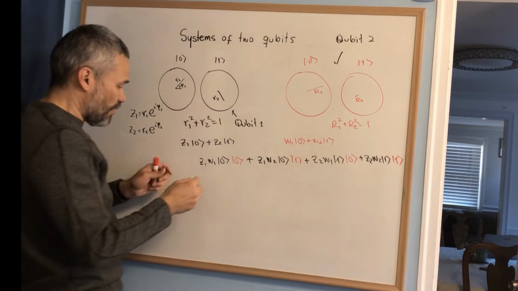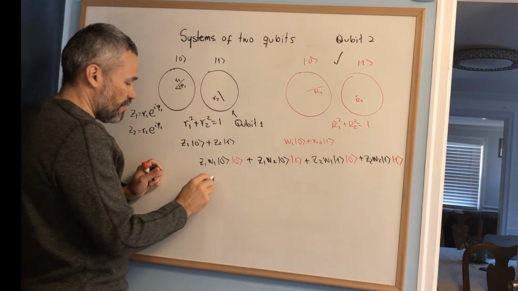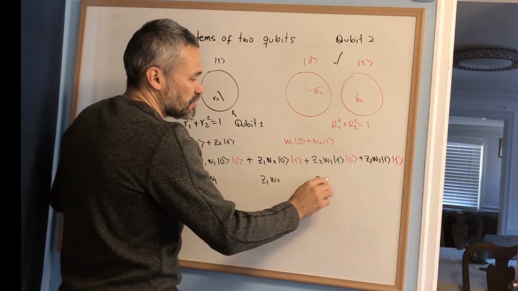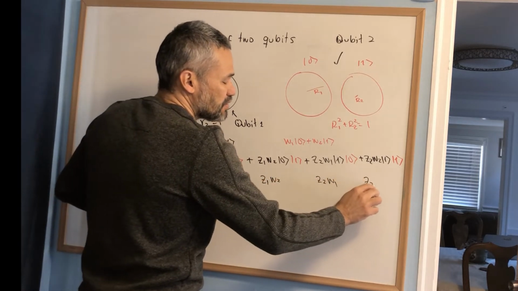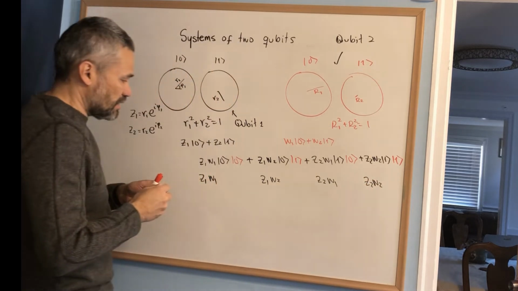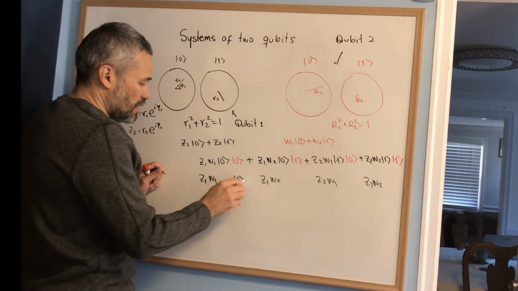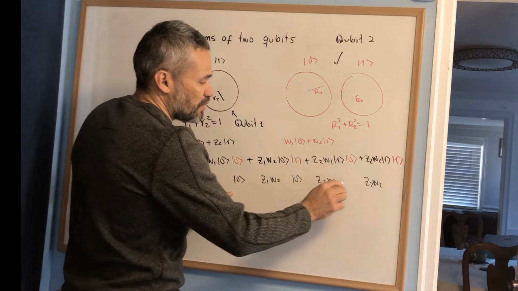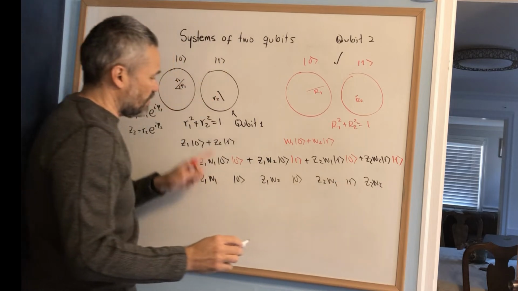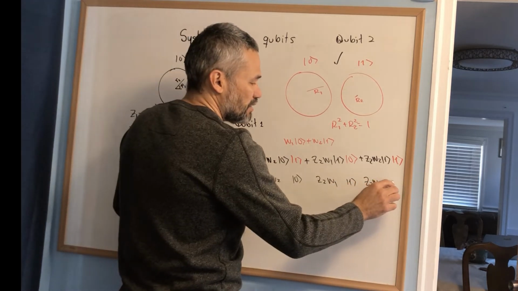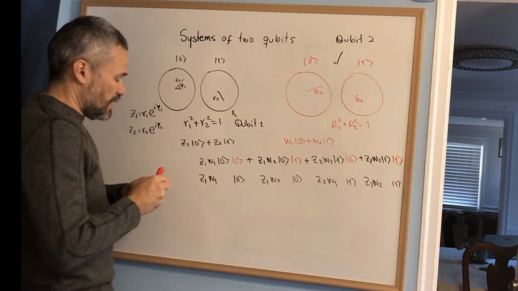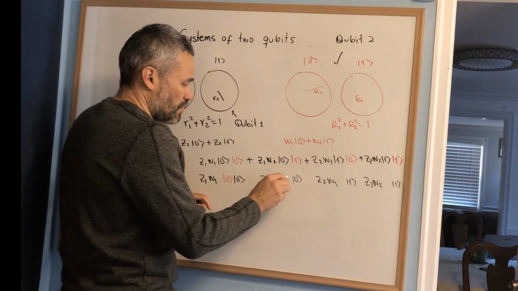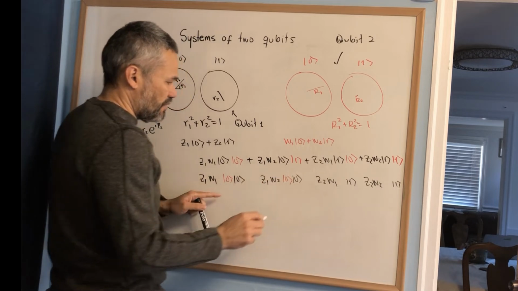That means that we will rewrite this as C1 W1, C1 W2, C2 W1, and C2 W2, but we're going to write the qubit 1 on the right and the qubit 2 on the left.